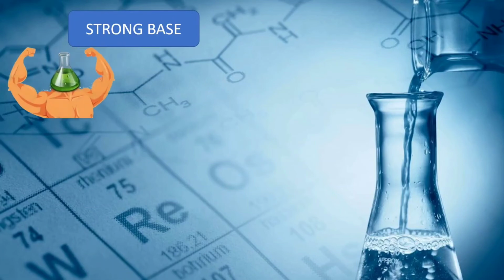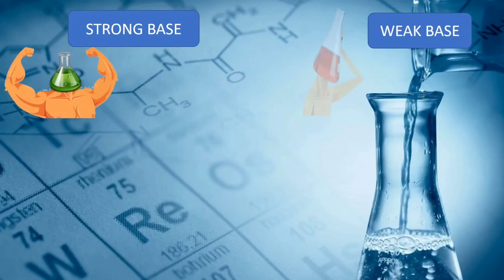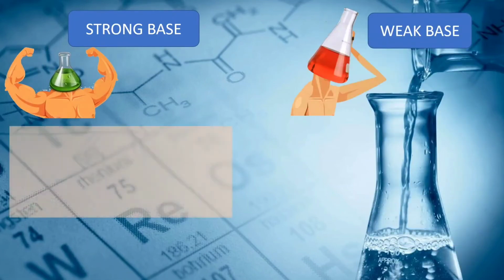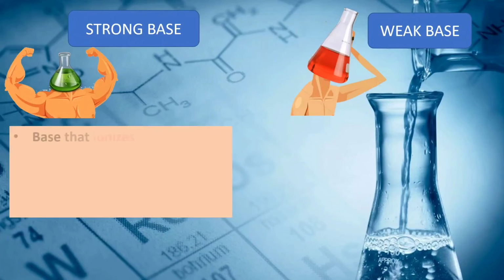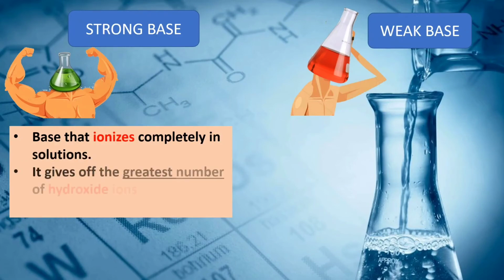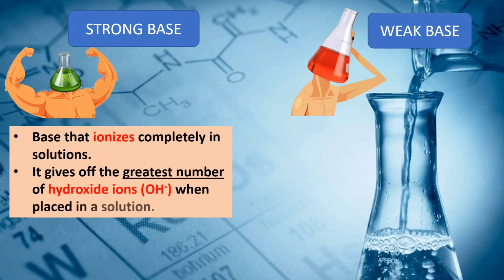Strong base and weak base. A strong base is a base that ionizes completely in the solution. Again, it will be in terms of ionization. So a base which ionizes completely in the solution is a strong base, and it is going to give off the greatest number of hydroxide ions when it is placed in a solution.